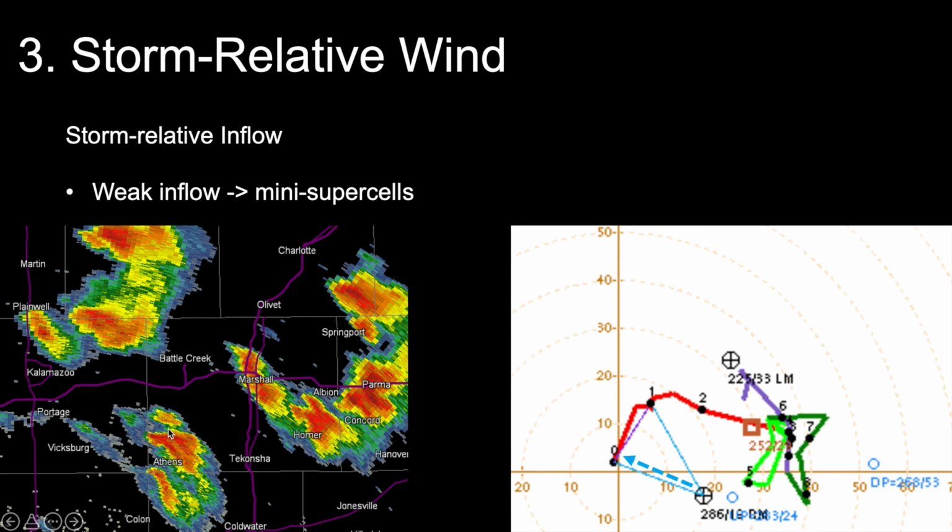And these cases can surprise some forecasters, where we still have strong enough SRH here to support mesocyclones and tornadoes, but our storm relative inflow is just weak enough that we don't get these big classic size storms. And these can fly under the radar in terms of convection allowing models as well. So it's really important to be able to recognize an environment supportive of mini supercells and then assess accordingly.